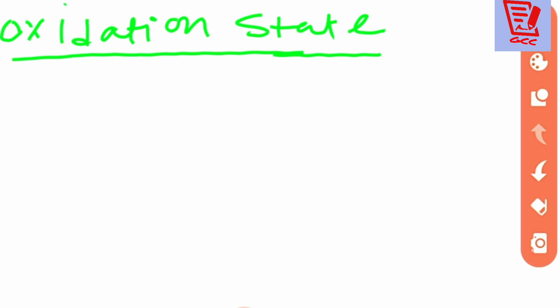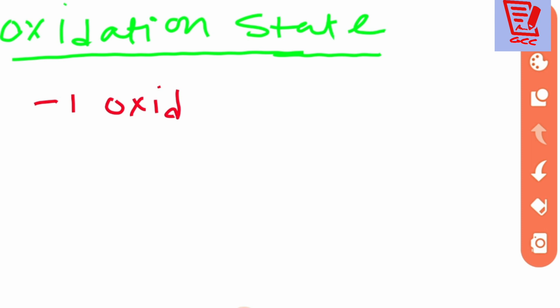In this group, what do they say? Halogens usually show a -1 oxidation state.